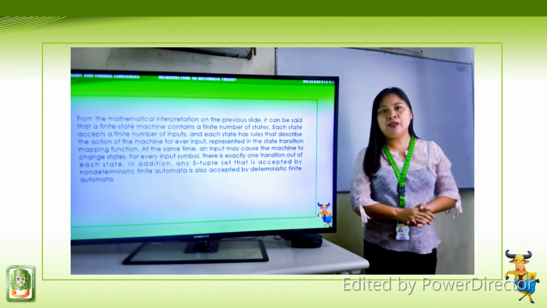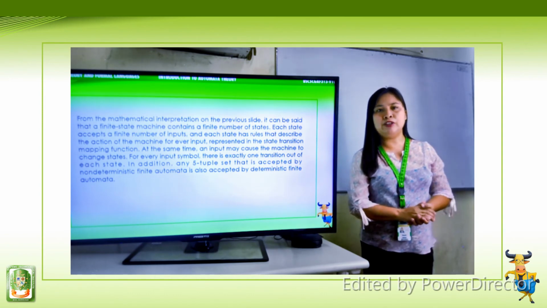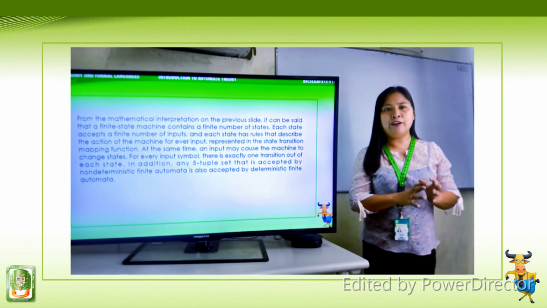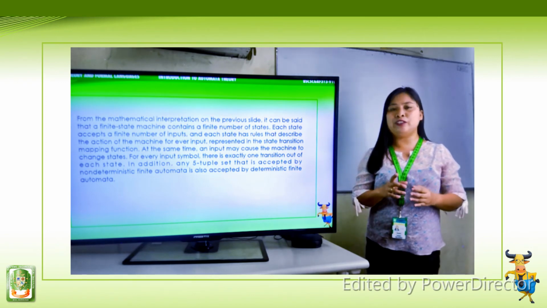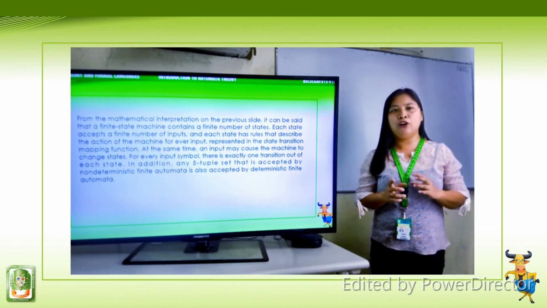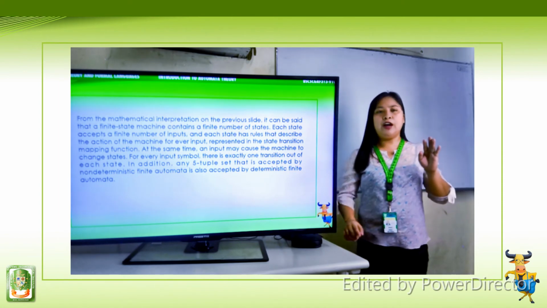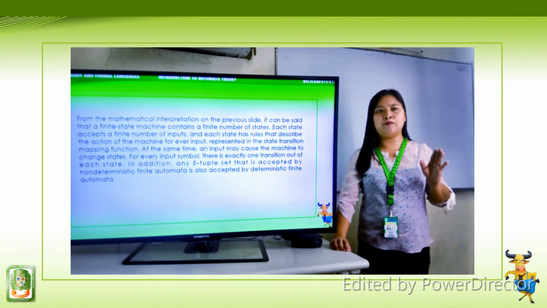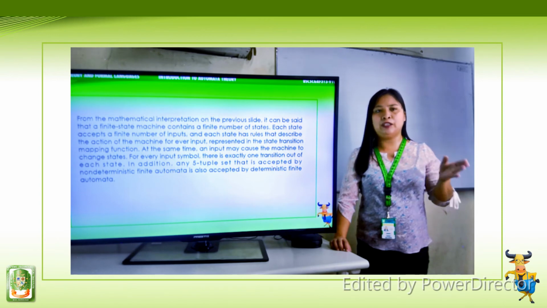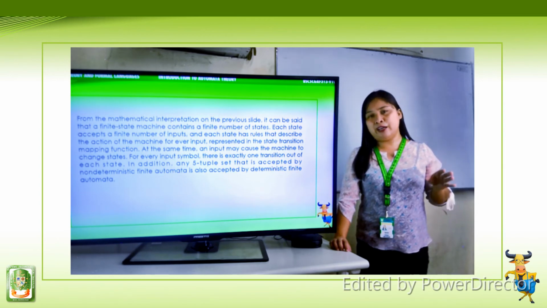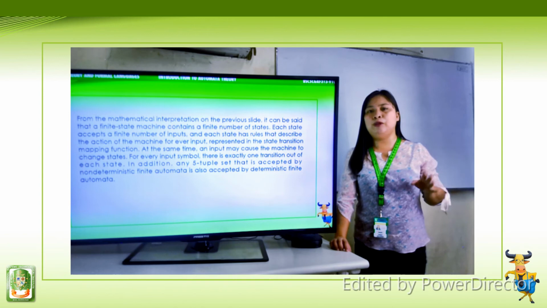At the same time, an input may cause the machine to change states. For every input symbol, there is exactly one transition out of each state. In addition, any 5-tuple set that is accepted by non-deterministic finite automata is also accepted by deterministic finite automata.